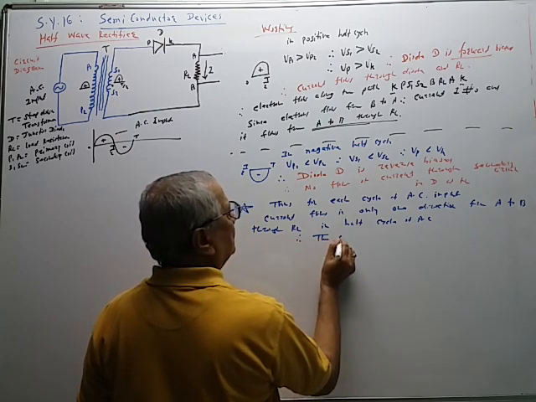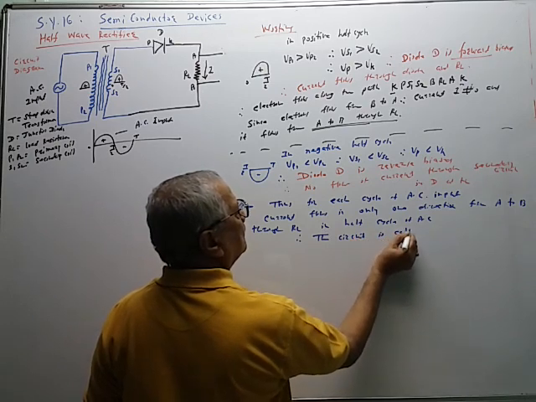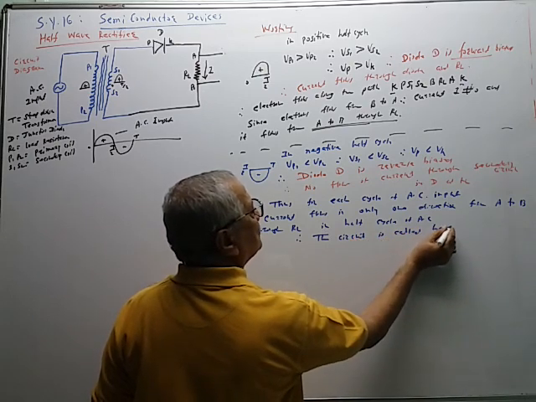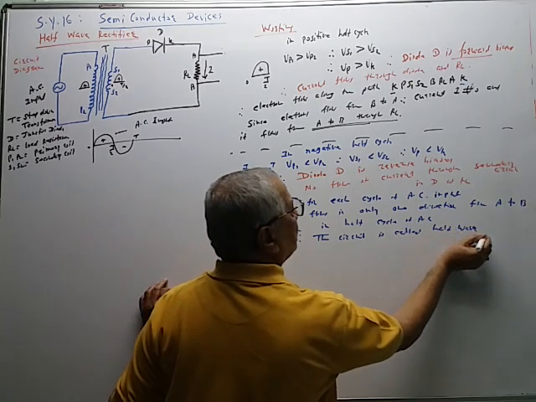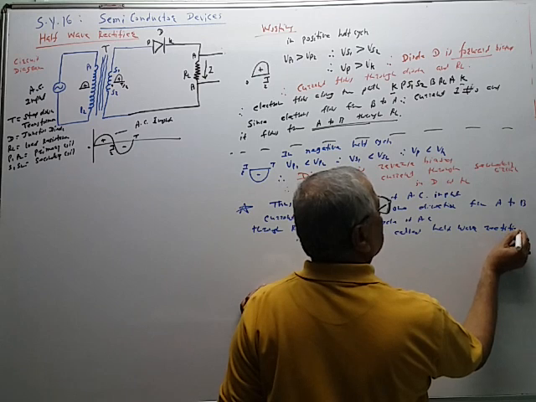Therefore, the circuit is called a half wave rectifier. Current flows in half cycle, therefore it is half wave, and current flows in only one direction, therefore it is a rectifier circuit.